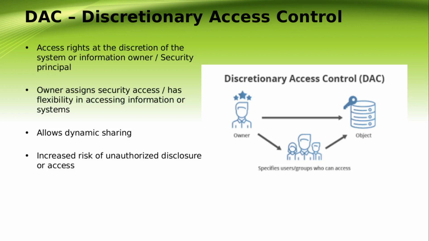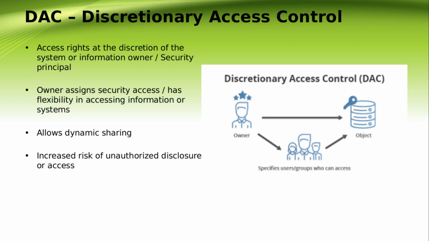In DAC, a security principal has complete control over the object that it creates or otherwise owns, unless this is restricted through group or role membership. The owners assign security levels based on objects and subjects and can make their own data available to others. A common scenario for DAC is an online social network user choosing who can access their data.